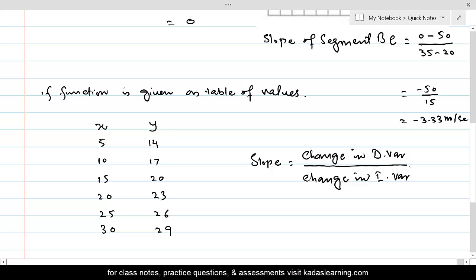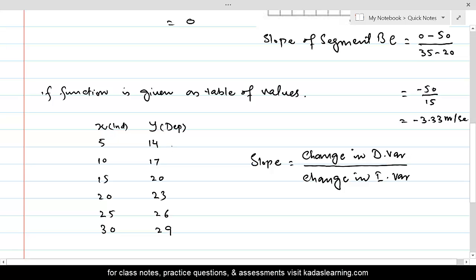If you are unable to make the distinction, then you might end up with a wrong value for the slope. Here x is the independent variable and y is the dependent variable. Usually time is the independent variable, but we have done a lesson on dependent and independent variables. Please consult the concepts taught in that lesson.